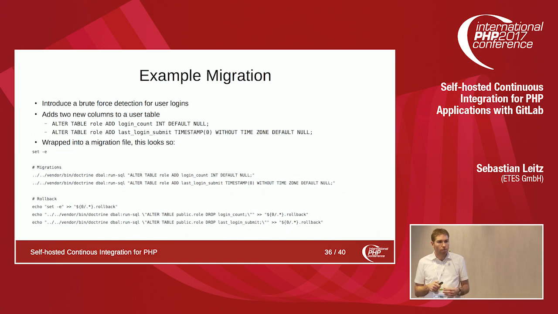So this is principally like we have a numbered sequence of migration files starting from 0000 or whatever you want to until some higher count. And every time the migration is executed, it leaves a rollback file of the same name, so you can associate them.